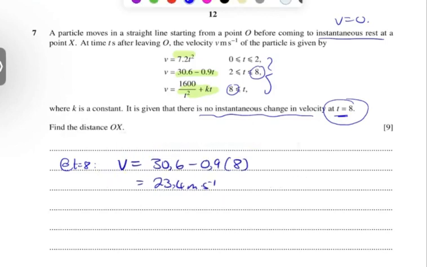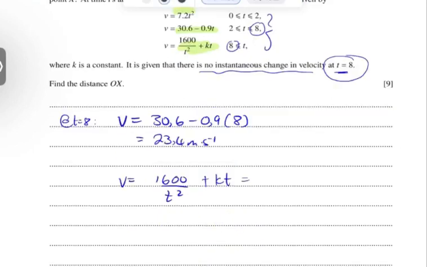And if I look at my second equation, plus kt, I'm going to replace my t's with 8's. That must equal 23.4.